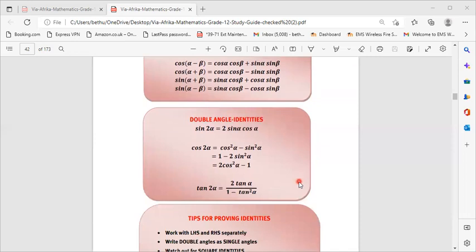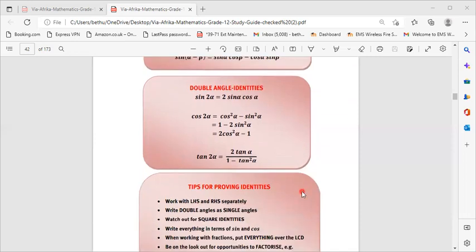We will move on to double angle identities. If you're given sine 2 alpha, you can write it as 2 sine alpha times cos alpha. If you're given cos 2 alpha, it is equal to cos squared alpha minus sine squared alpha.